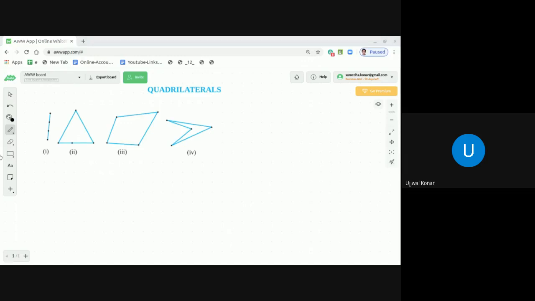If all the points are collinear, which is case 1, what we obtain is a line segment. Correct, dear students?